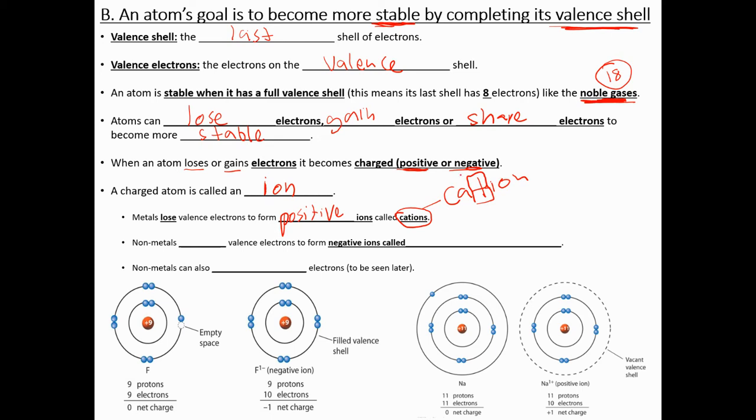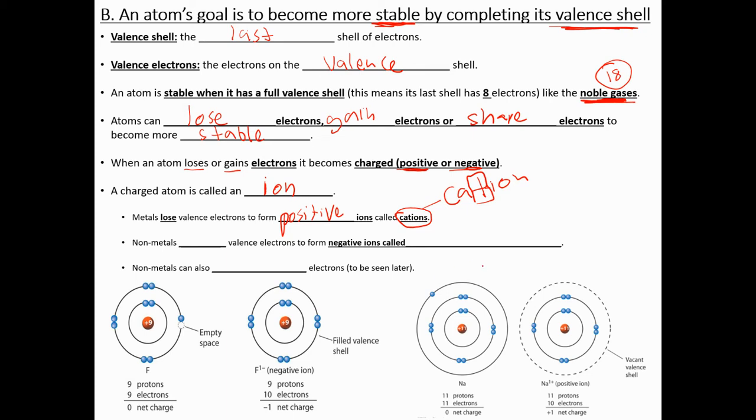So a cation is a positive ion. It formed by the loss of electrons. Remember that electrons are negative. So if you lose electrons, you become more positive. Think of them like negative thoughts. If you have a lot of negative thoughts, you're a negative person, so to speak. But if you lose negative thoughts, you become a more positive person. So metals tend to do that. Metals will lose valence electrons and become positive.